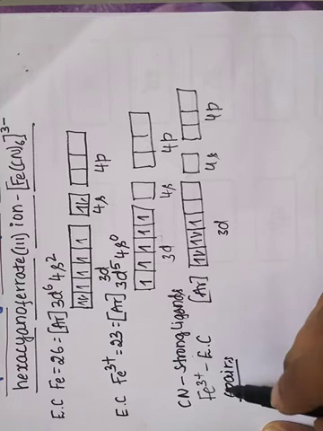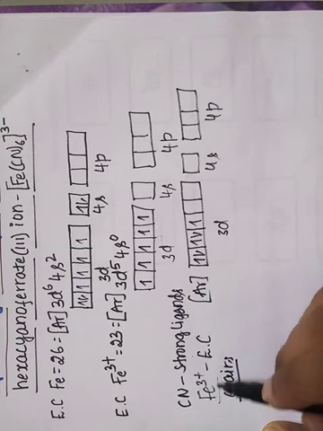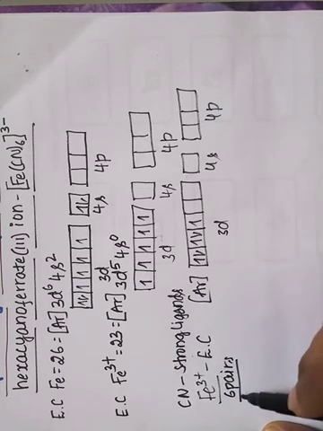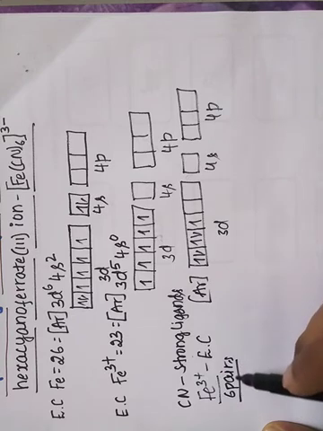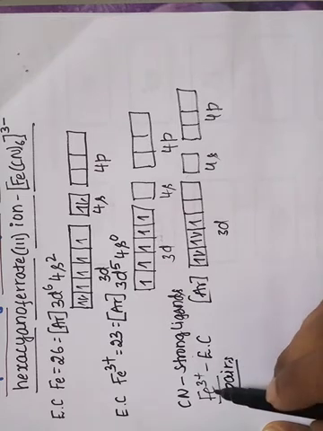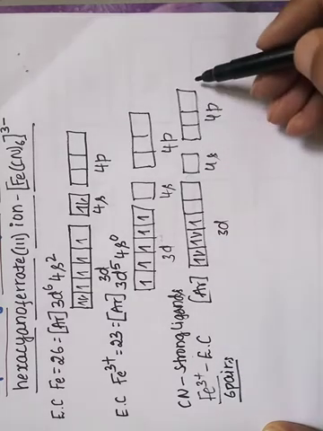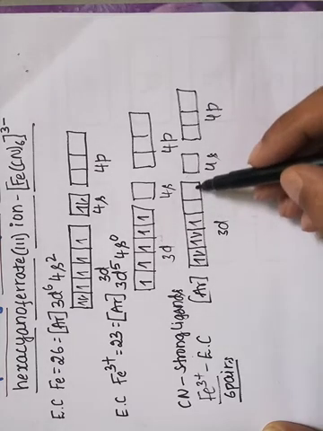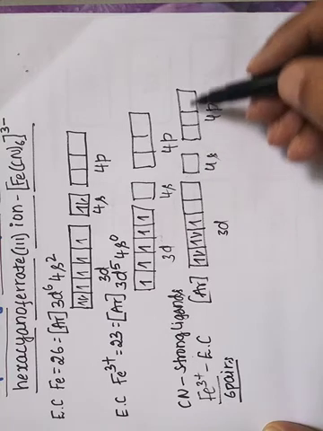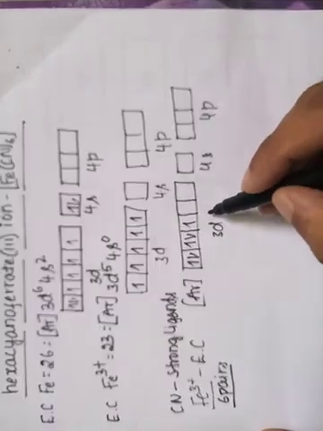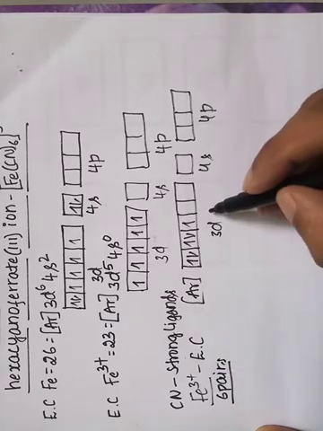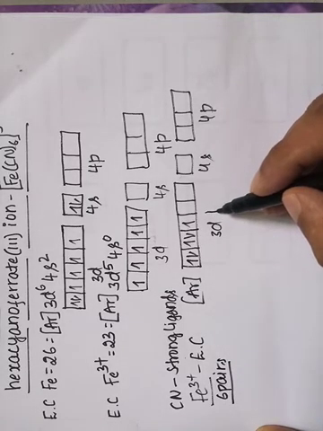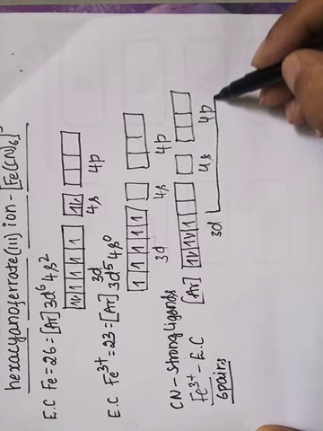According to valence bond theory, the central metal ion should provide 6 vacant orbitals for the formation of 6 coordinate bonds. So the Fe3+ ion will provide 6 vacant orbitals: 2 orbitals from the 3d orbital, 1 from the 4s orbital, and 3 from the 4p orbital.